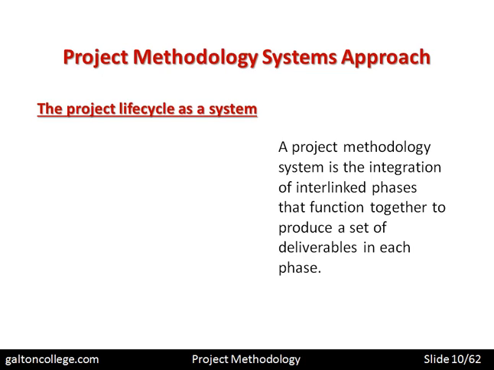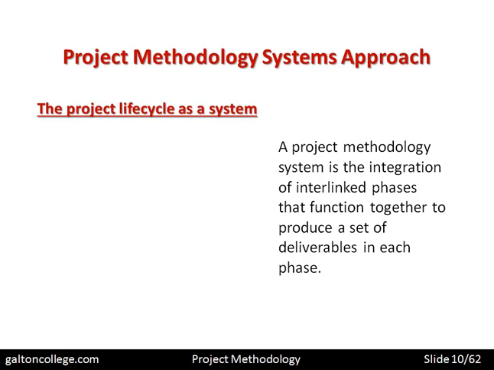A project methodology system is the integration of interlinked phases that function together to produce a set of deliverables in each phase. That's just another way of saying that this project we're talking about can be broken into subsystems, into different smaller parts. They are then processed and they will have outcomes.